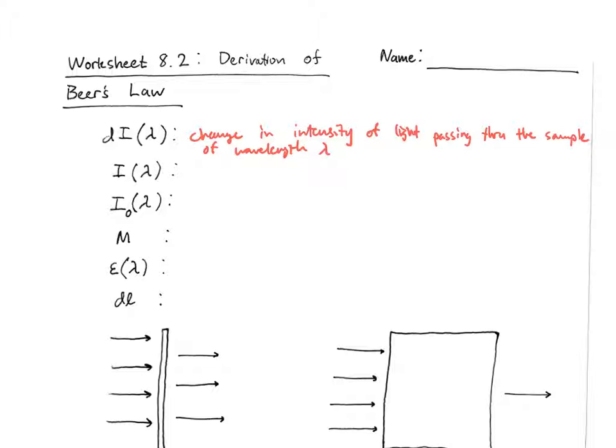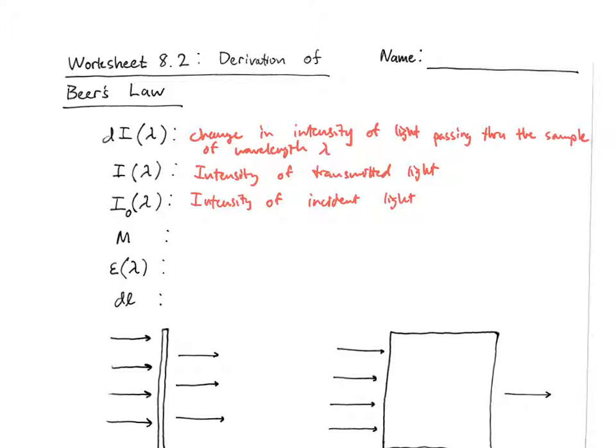Okay, then the next one, I lambda, is the intensity of transmitted light, also at wavelength lambda. And then this I0 lambda is the intensity of incident light. That is the light that hits the sample and hasn't passed through it yet.